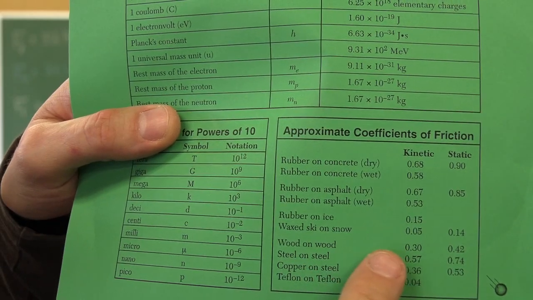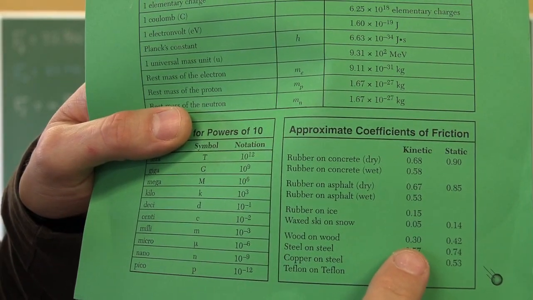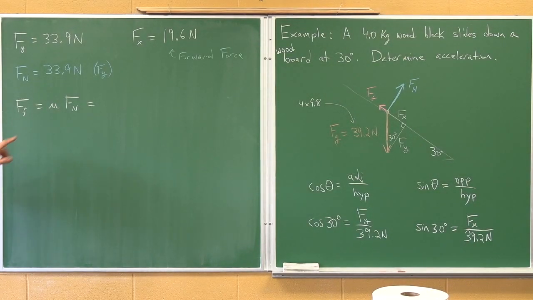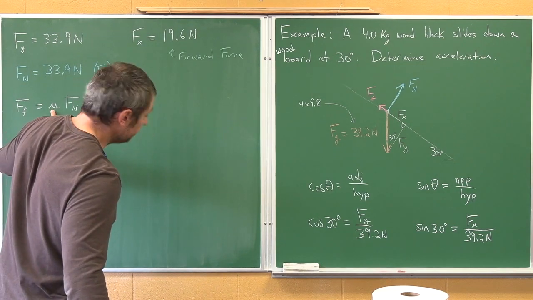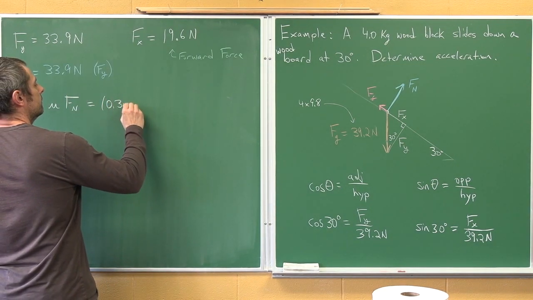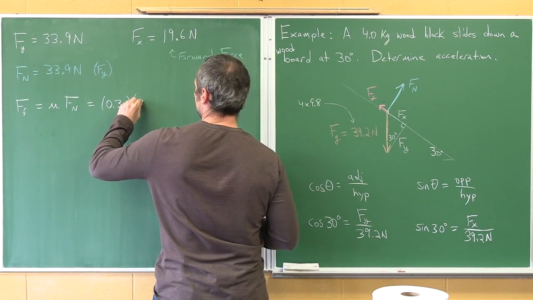When we slide, it's not the static value, it's the kinetic value when they're sliding. In other words, the 0.3 is what I plug in right here for the coefficient. So that I get off the reference table. And then the normal force I have is 33.9.